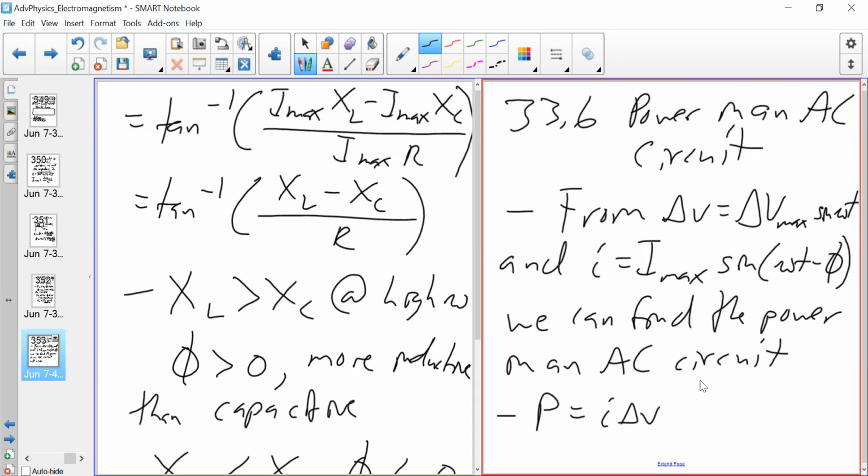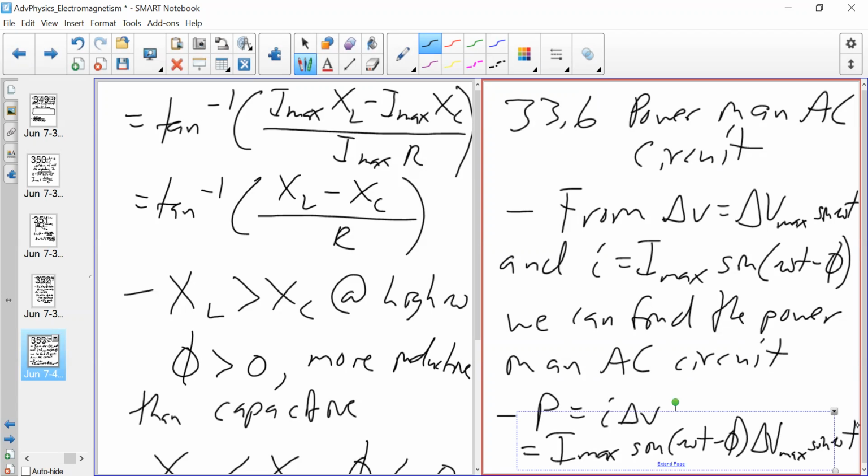And that would be I max sine omega t minus phi, times delta V max sine omega t.